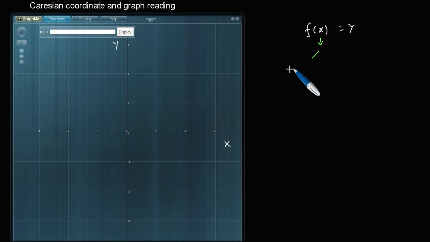X is independent, and y is dependent. Then we have to plot in such a way or choose the coordinate system as x here, that is independent, and the dependent here.